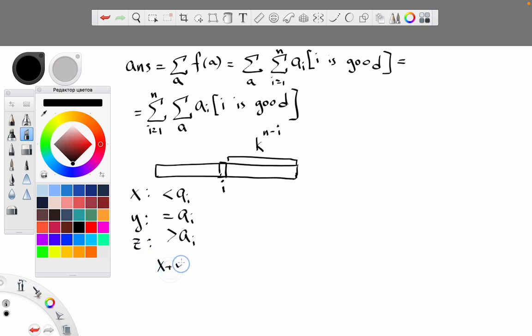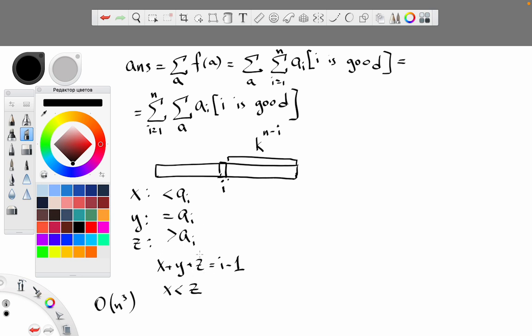So we know that x plus y plus z is equal to i minus 1, and we want x strictly smaller than z. So what can we try? We can just try x, y, z. That fixes i. And that's like n cubed possibilities.